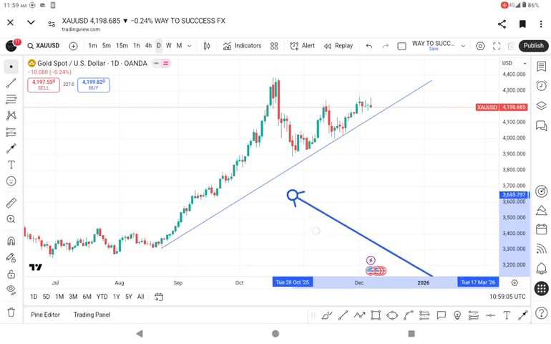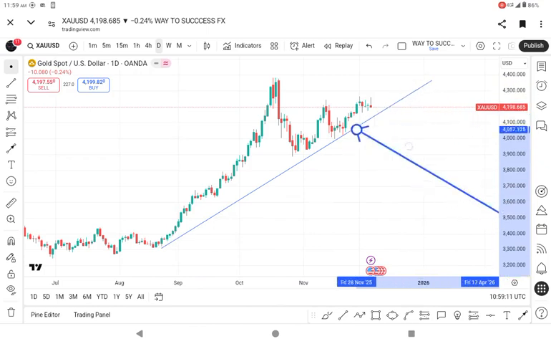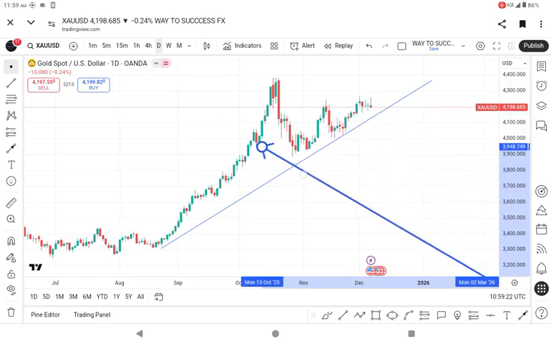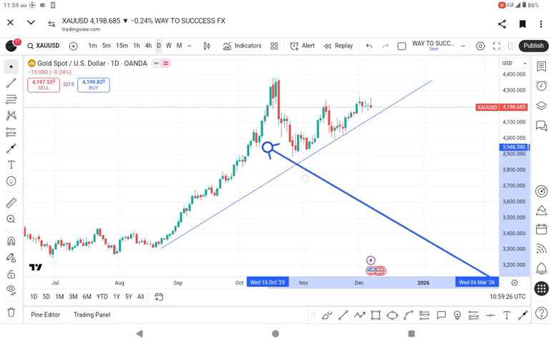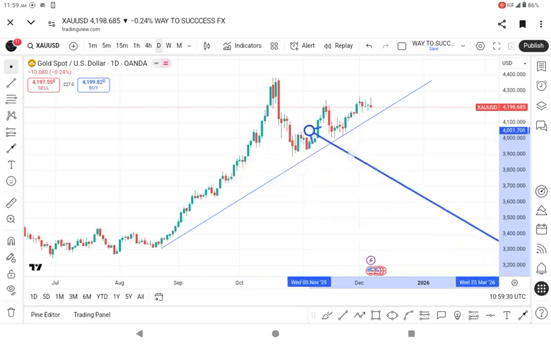So let's look at the daily. Here in daily, you can see that price is also working on a trend line. If we use the trend line, all we have here is continuation to the upside. In my previous videos, I've analyzed why, when gold is here, we should be expecting gold to continue up.